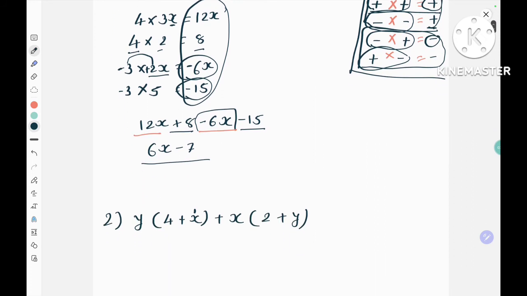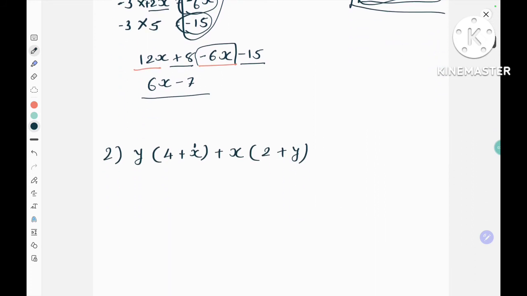Okay, now let's move to the second example. Here the first bracket has a y in front of it, so we multiply by the y. It is not because y is in front of this bracket that I'm multiplying, but because between y and this bracket there is no sign, which means it is the invisible multiplication sign.